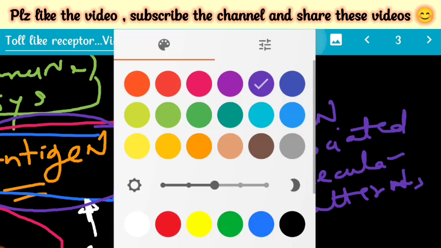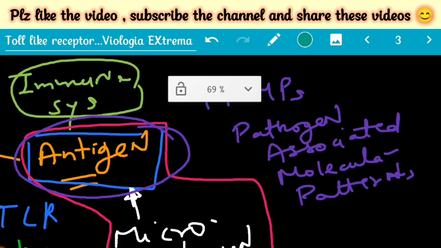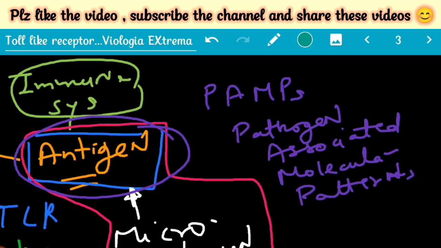Some special types of molecules are only present in pathogens. See how we evolved and how pathogens evolved, and how our immune system evolved in such a way that some kinds of molecules are only available on pathogens. They aren't found in the human body.